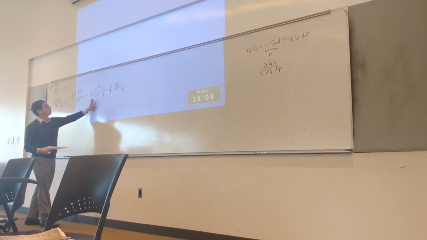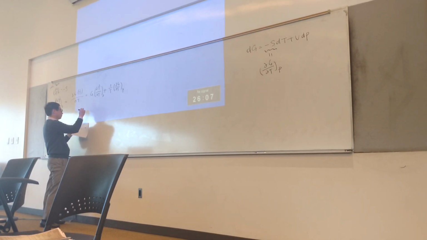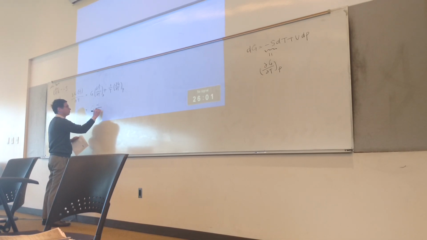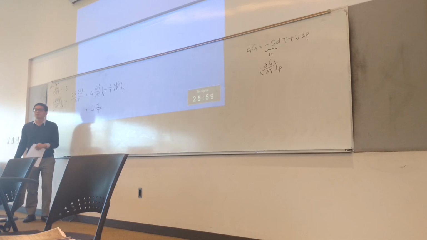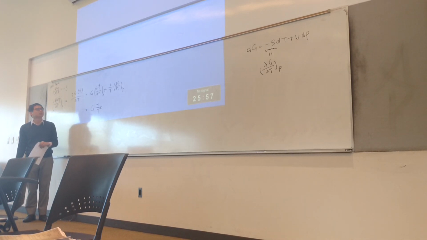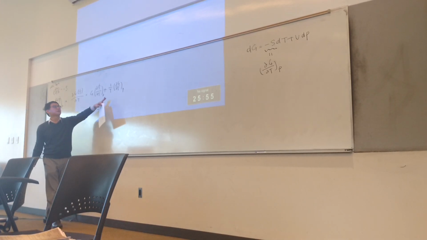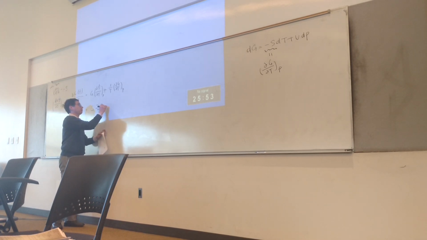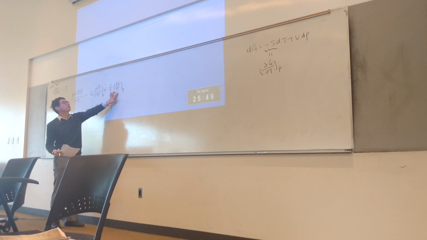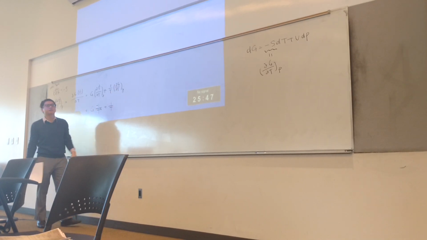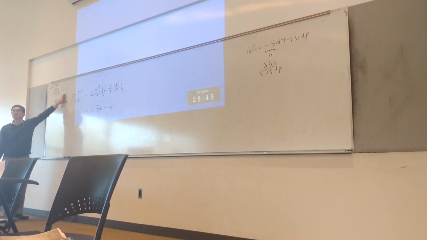So what's this? This is actually G times this. And what's this? Partial G, partial T, at constant P is negative S here.